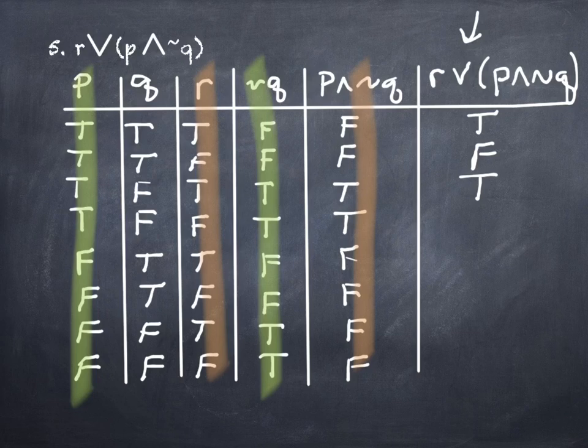My fourth row shows false and true, which is true, yes. My fifth row shows true and false, which is true. My sixth row shows false and false, which is false. My seventh row shows true and false, which is true, thank you. And then my last row shows false and false, which is false.